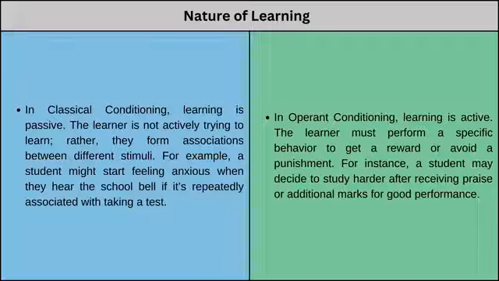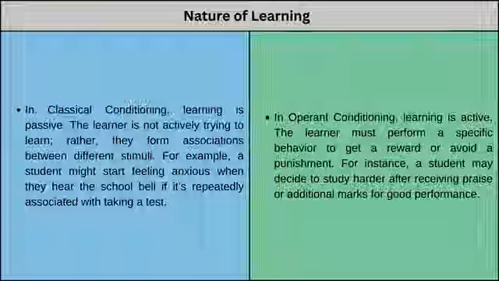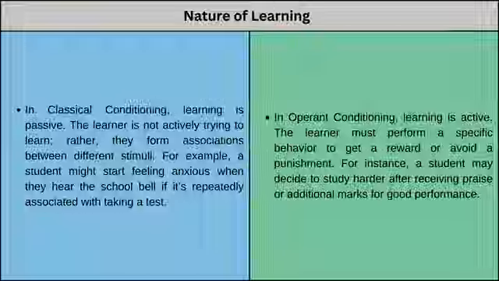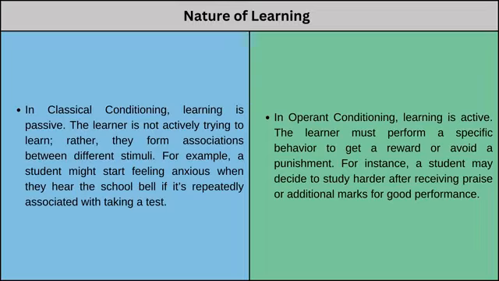Here the student is actively making an effort to learn and perform because they know their behavior will have a positive outcome. This active participation is key to operant conditioning. The major takeaway here is that in classical conditioning, it is about forming automatic associations, while in operant conditioning, it is about making deliberate choices based on consequences.